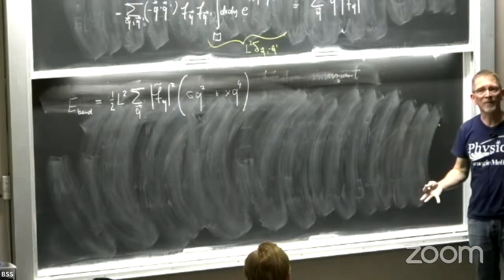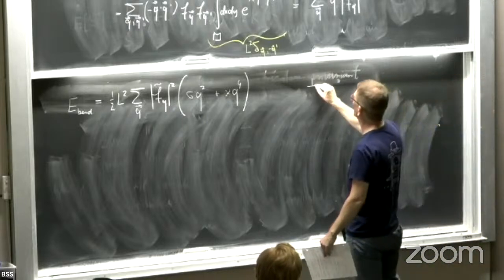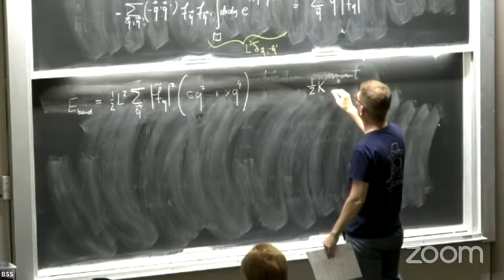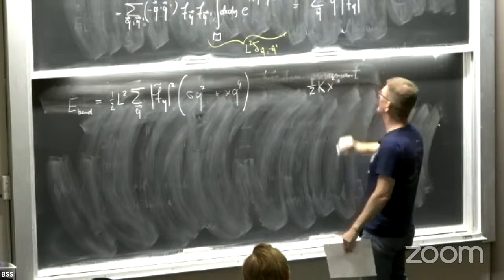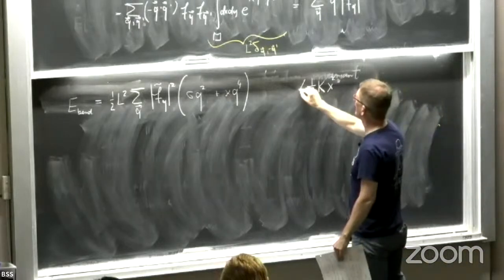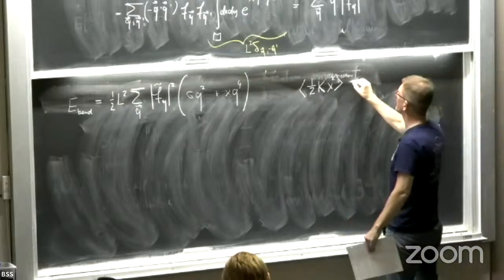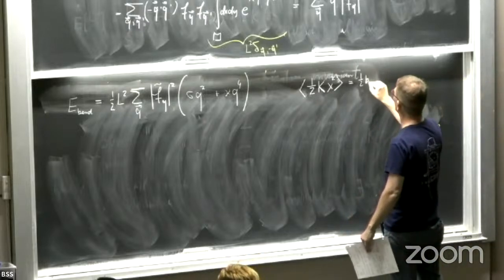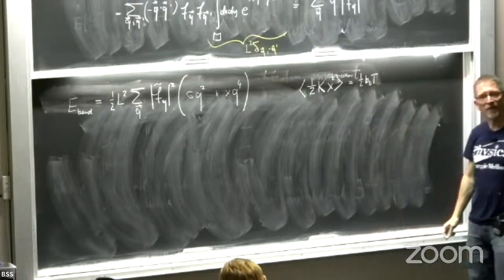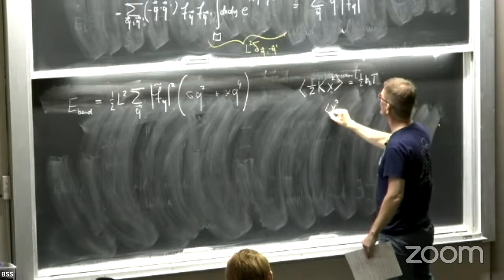All I'm going to do now is use something called the equipartition theorem, which says if you have in statmech a term that looks like 1/2 a spring constant and some degree of freedom squared, and that's the only way that degree of freedom occurs in your Hamiltonian, then the canonical expectation value of this in the canonical sum is just 1/2 kT. That's the equipartition theorem.